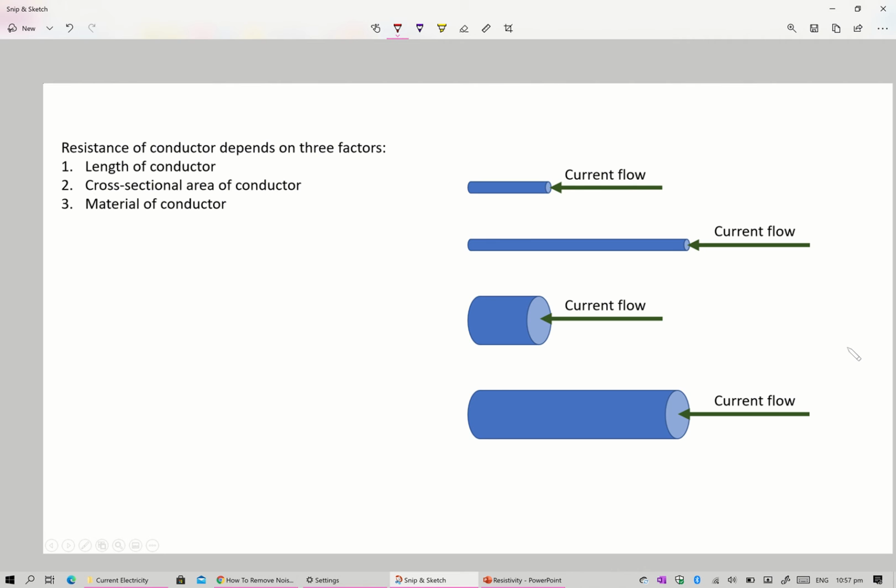As you see in the diagram on the right hand side, this is the length that we are referring to.